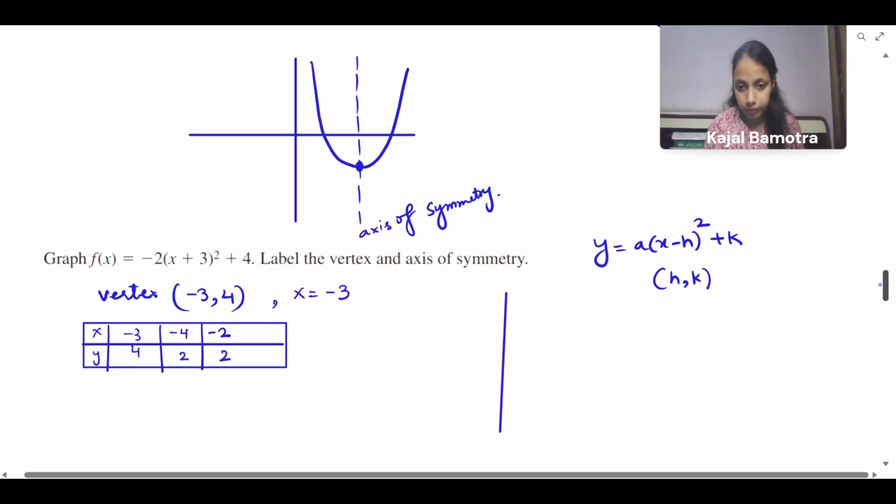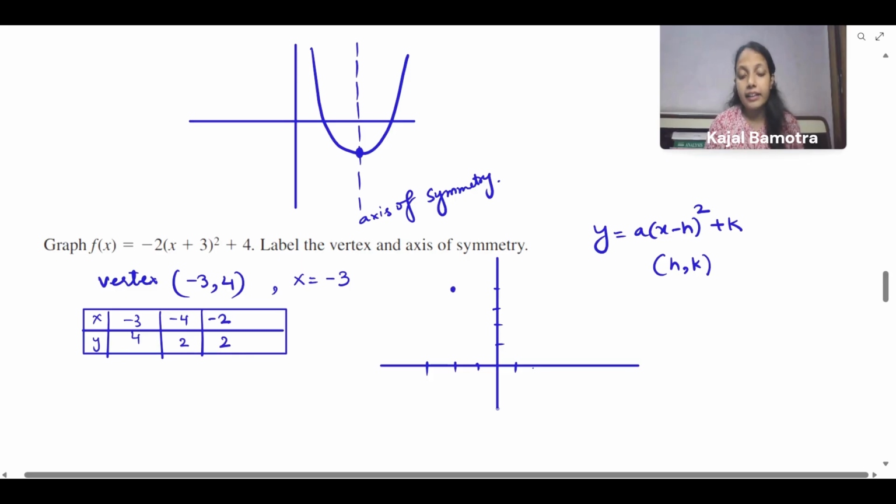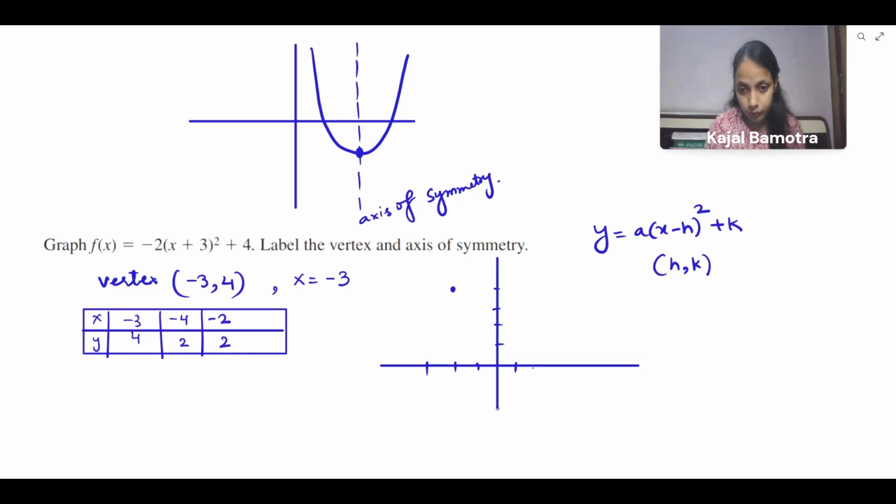Let's draw it. It will be here. This is negative 1, negative 2, negative 3. At negative 3, the value is 4. 1, 2, 3, and 4. At negative 4, it is 2.